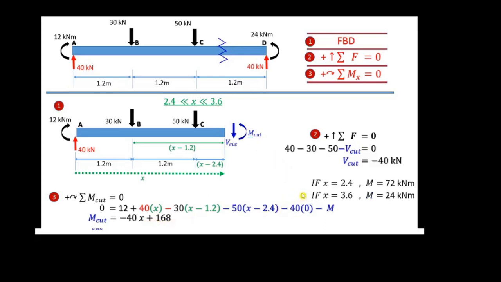Let's say the x value is 2.4, we get an M value of 72 kilonewton meter at this point. If the value of x is 3.6, we get a value of 24 kilonewton meter. Okay, done.